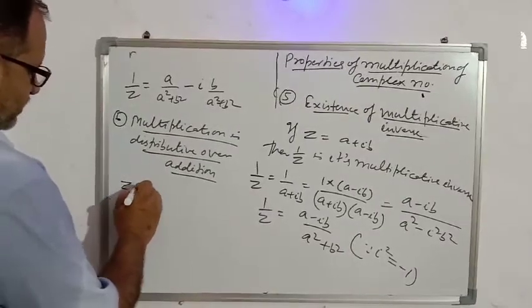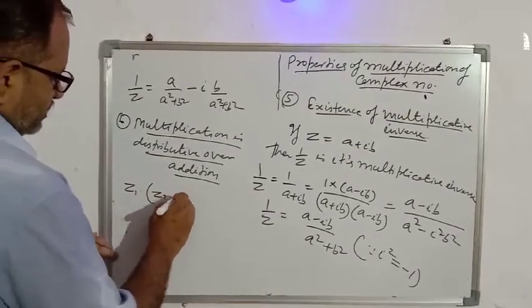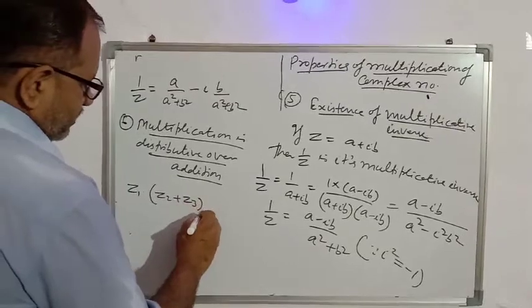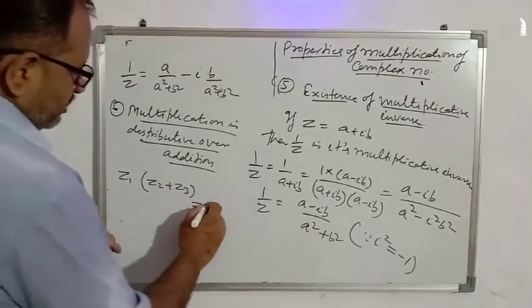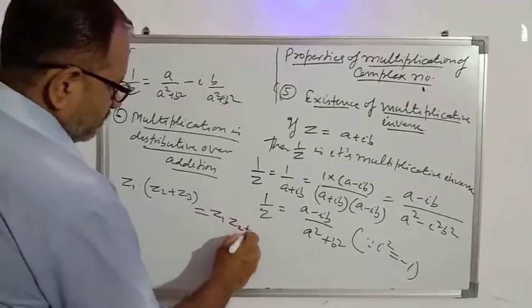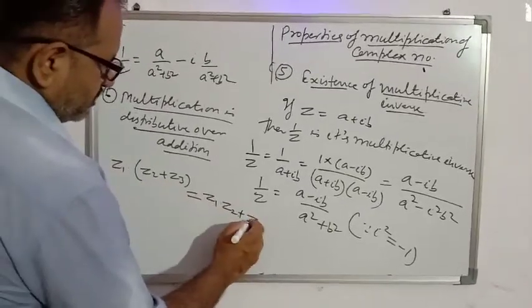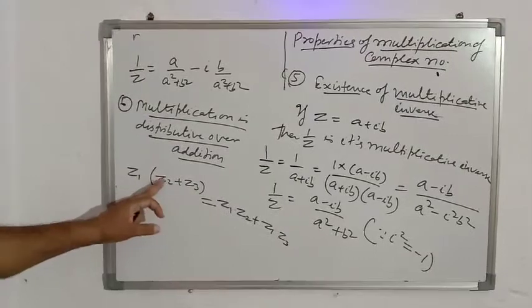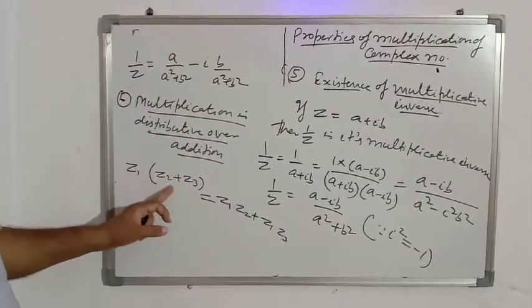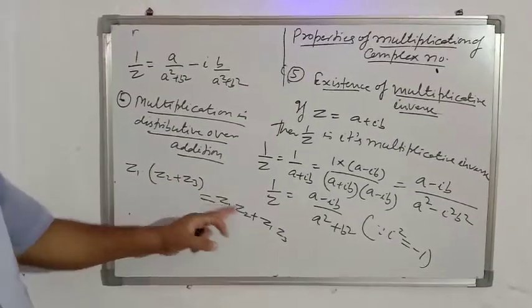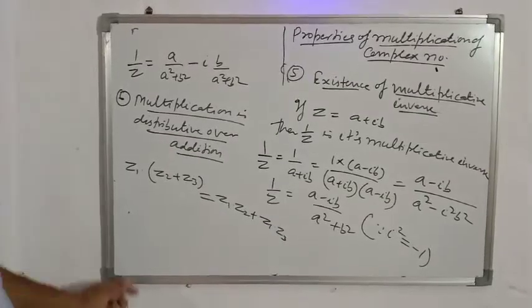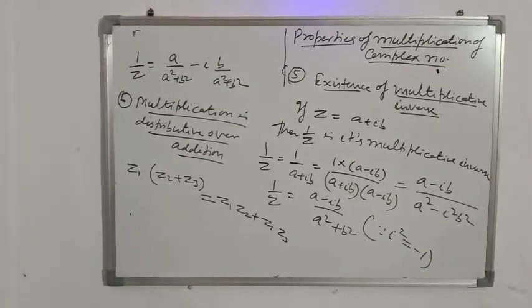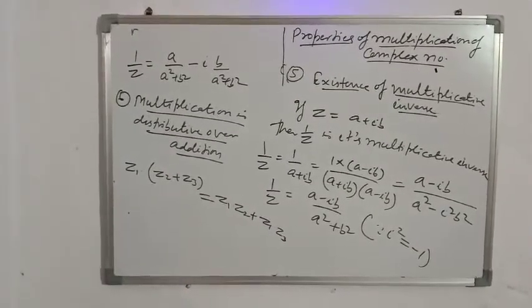Means z1 into z2 plus z3, we can write as z1 into z2 plus z1 into z3. So multiplication distributes over addition. These are the properties of addition and multiplication of complex numbers.